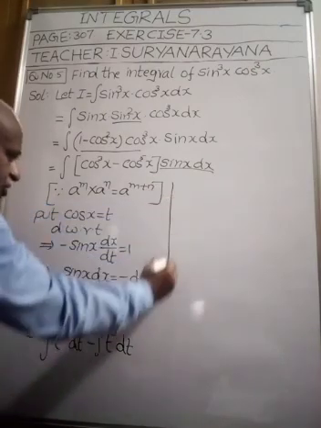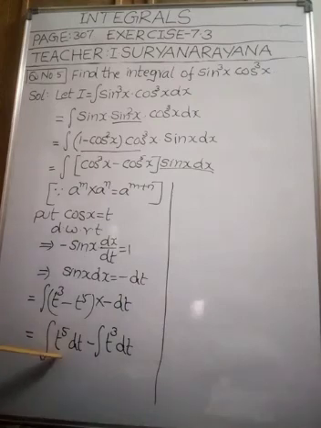So, after that, if you observe this integral, it is in the form of the integral of x power n dx. What is the formula? x power n plus 1 by n plus 1. For this second term also we use the same formula.